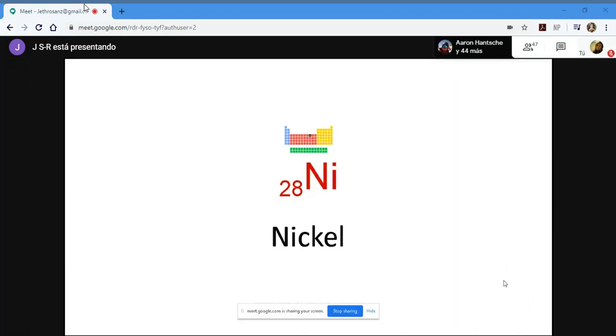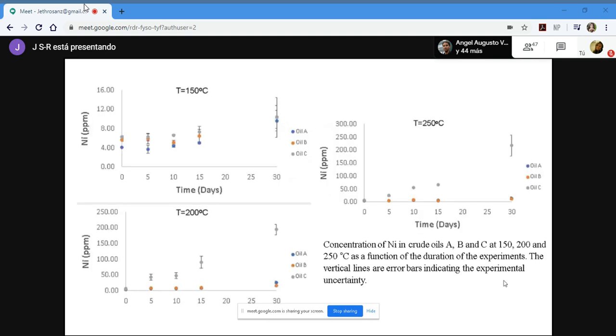Finally, I'm going to present my nickel results. With nickel at 150 degrees Celsius, for the 3 oils that we tested, we see very low solubilities of nickel in crude oil.